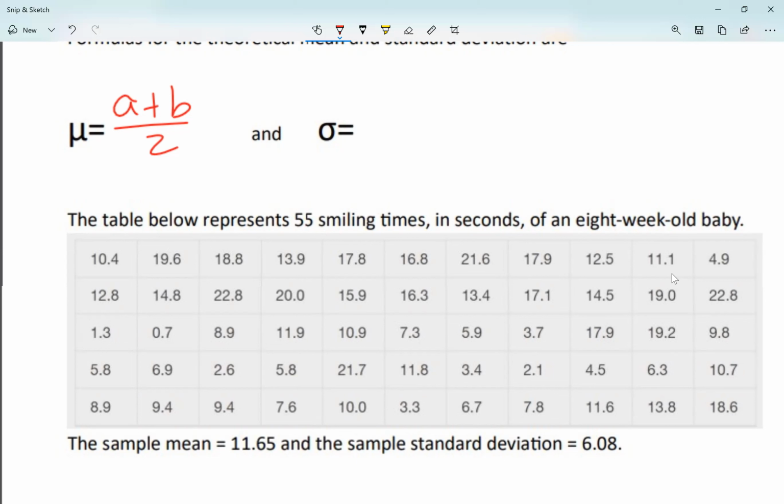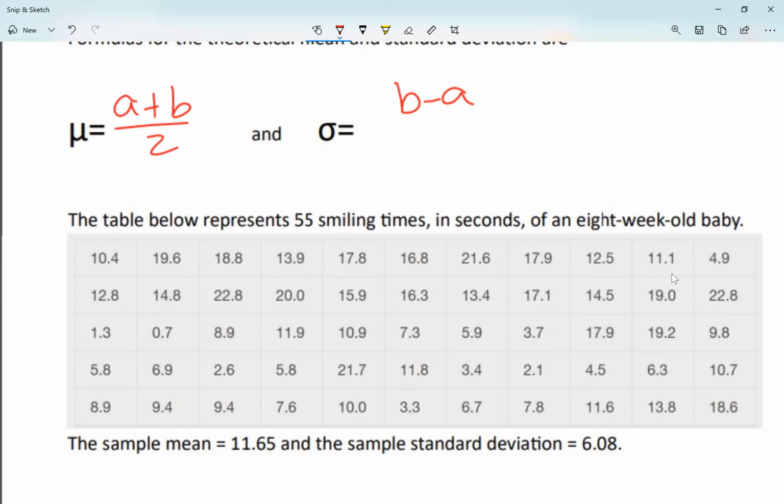That's a few units back. But for our uniform distribution, for me to find the standard deviation, I'm going to go B minus A. And remember, B is the biggest number, A is the smallest number.